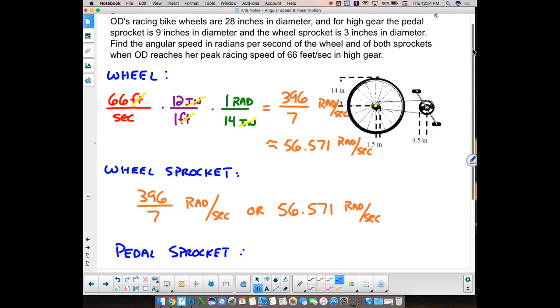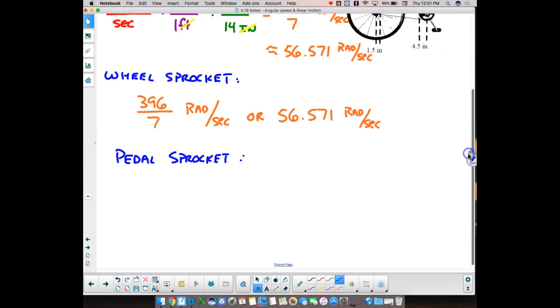What's connecting the two? The chain, right? The bike chain is connecting the two. Okay? So I need to find the speed of that chain. Well, that's not a circle, so the only thing that I can do then is find the linear speed of the chain.